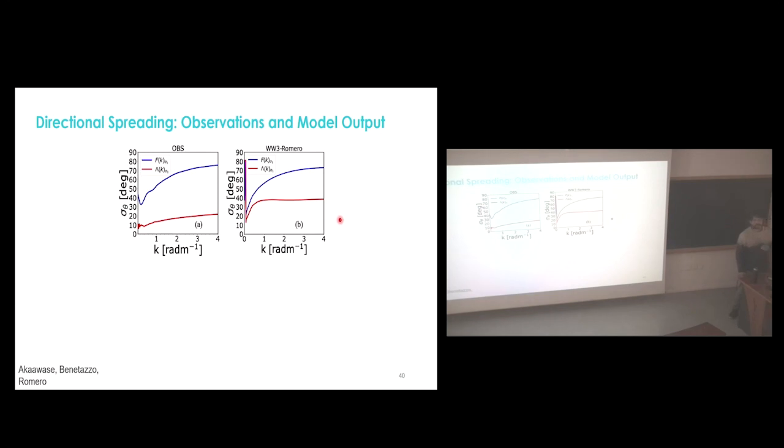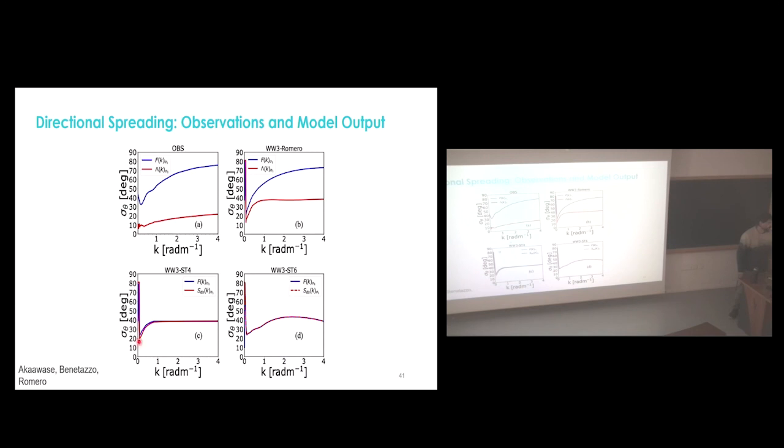The spreading of the lambda of c model is in red, so it's roughly 35 degrees compared to up to 20 from the observed lambda of c. And again, this is comparisons with ST4 and ST6. So for the spectrum and the dissipation, they have, by definition, almost the same spreading, which gives rise to the narrower spectrum.